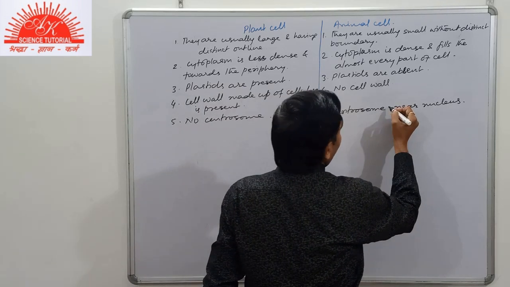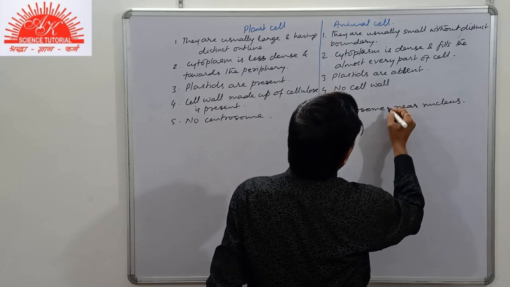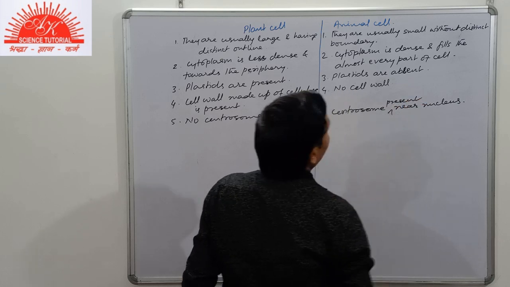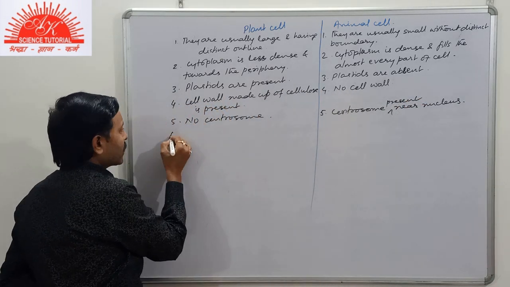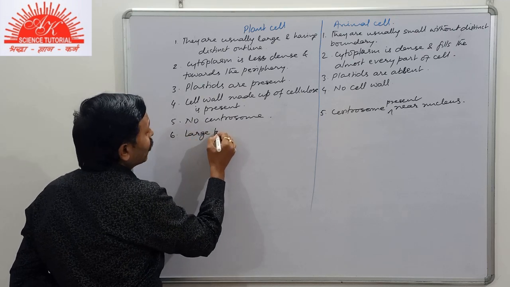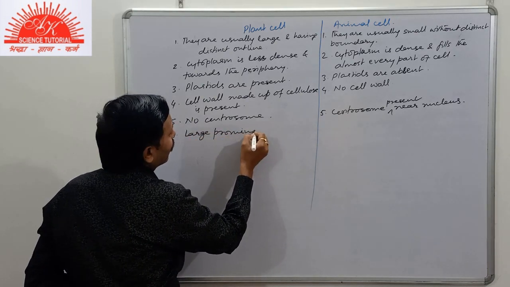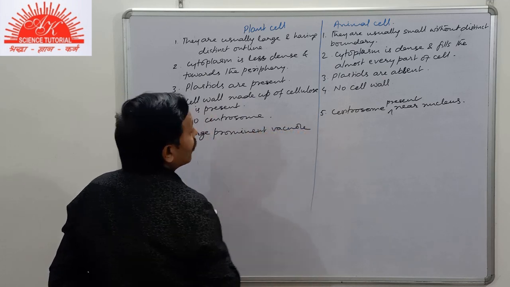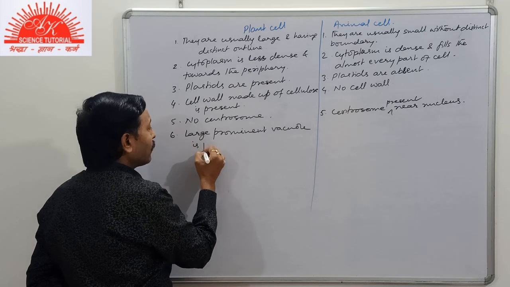Next, a large prominent vacuole is present in plant cell.